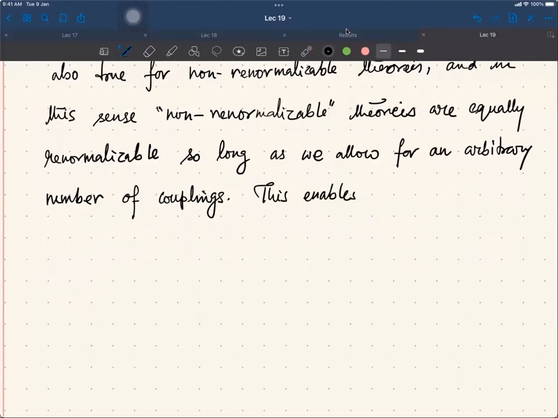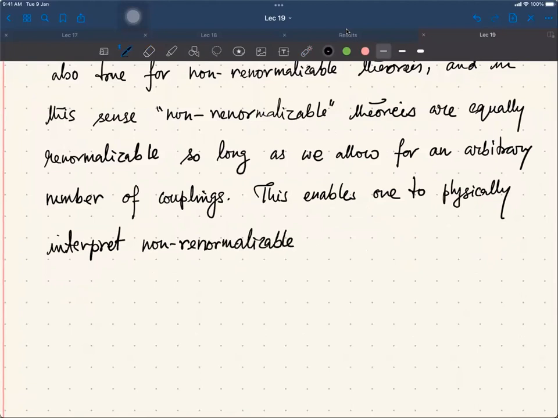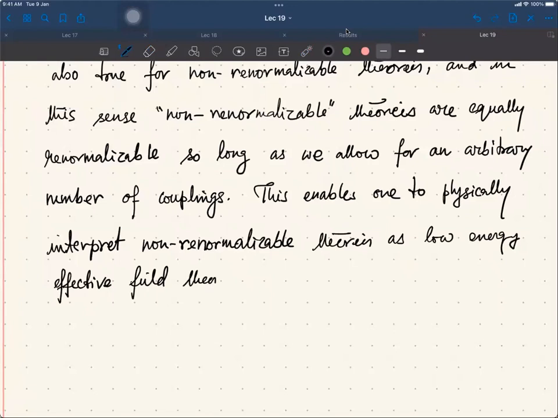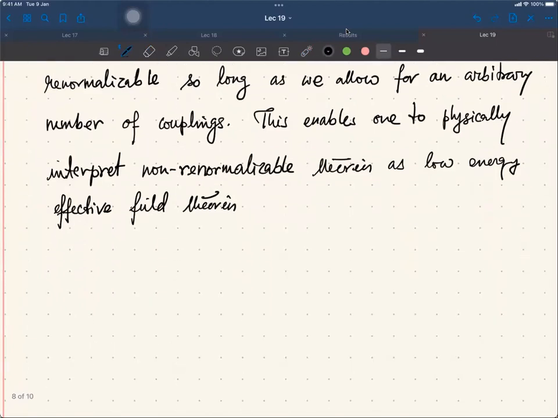This enables one to physically interpret these theories as low energy effective field theories. We will see that in more detail later.